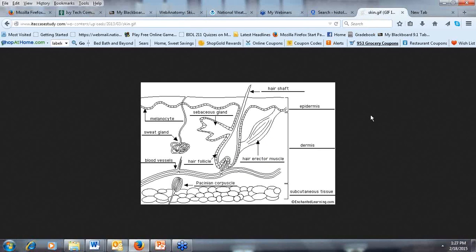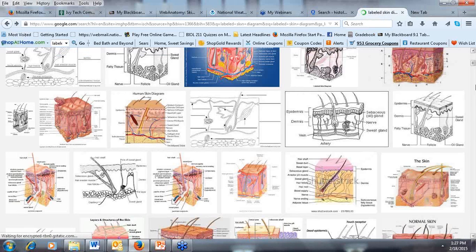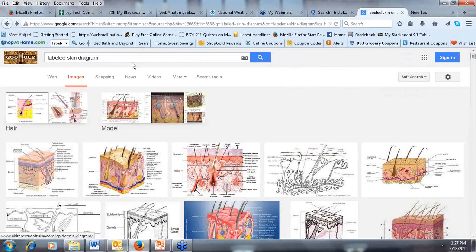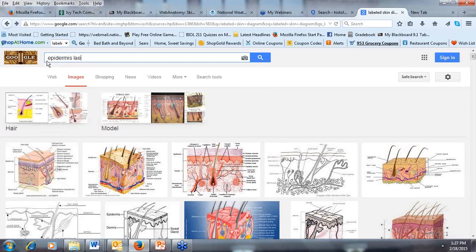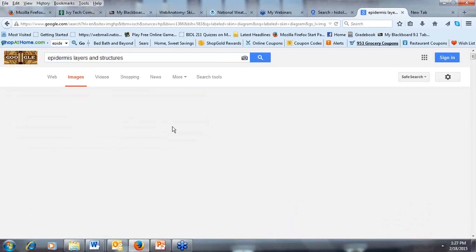So let's also go back to Google Images and take a look at the epidermis layers.